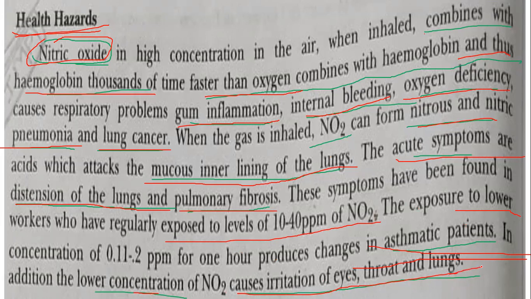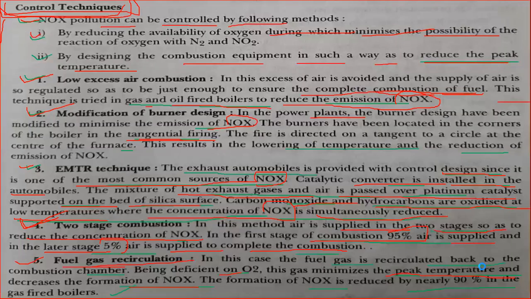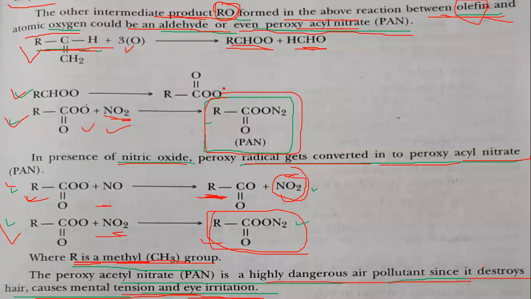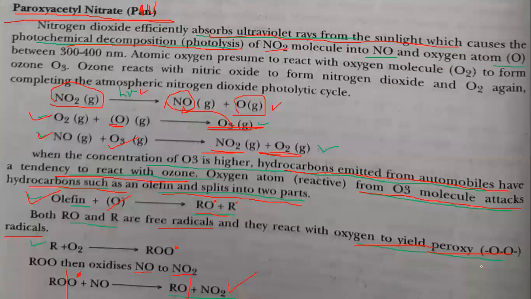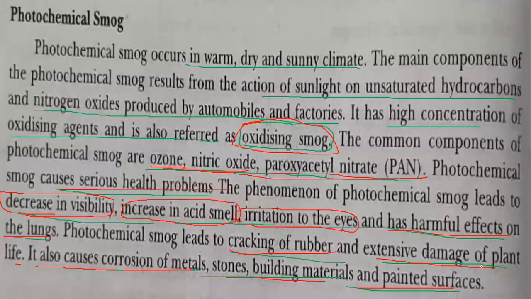So these are very harmful effects caused by nitric oxide. Again, the same nitric oxide is responsible for the formation of PAN. That PAN is also very harmful to the body. And these things continuously reduce lung capacity and all.